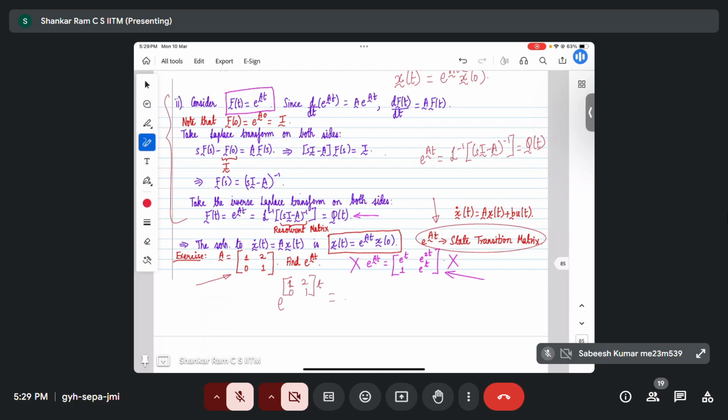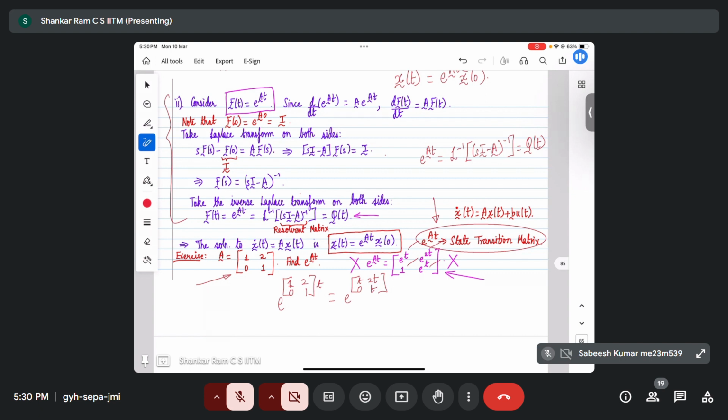In a sense, it is the exponential of the matrix [t, 2t; 0, t]. So one may immediately get a feel that, you know what, I will apply the exponential to each of these matrix terms. So I may get e power t, e power 2t, e power 0 which is 1, and e power t. So is that the way it should be?